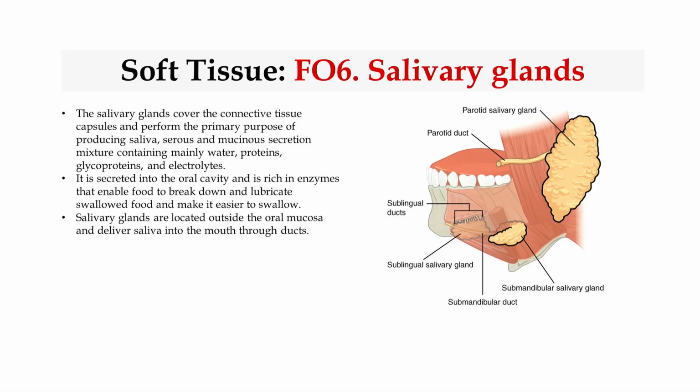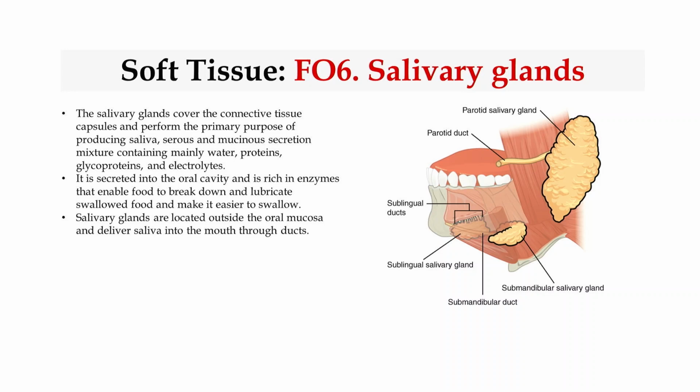Okay, the next soft tissue is the salivary glands. Salivary glands are covered by connective tissue capsules and perform the primary purpose of producing saliva, right? Serous and mucous secretions, mixtures containing mainly water, proteins, glycoproteins and electrolytes.